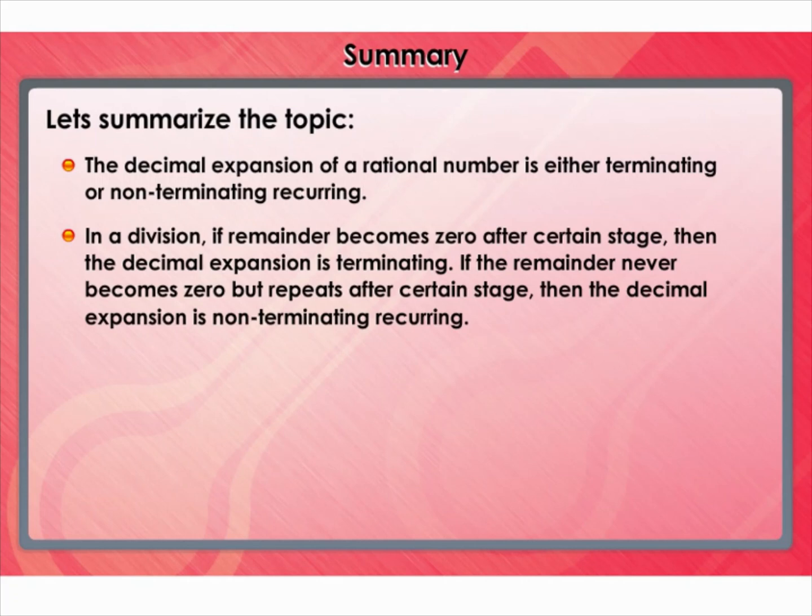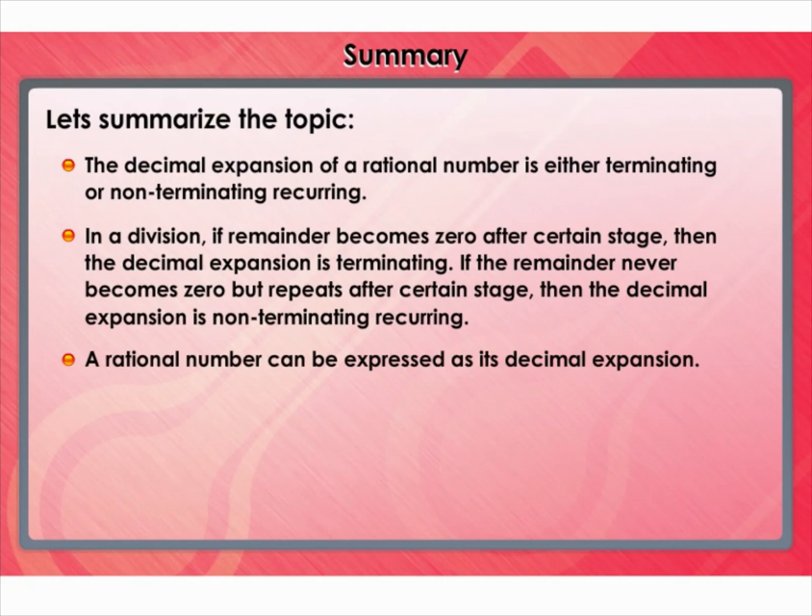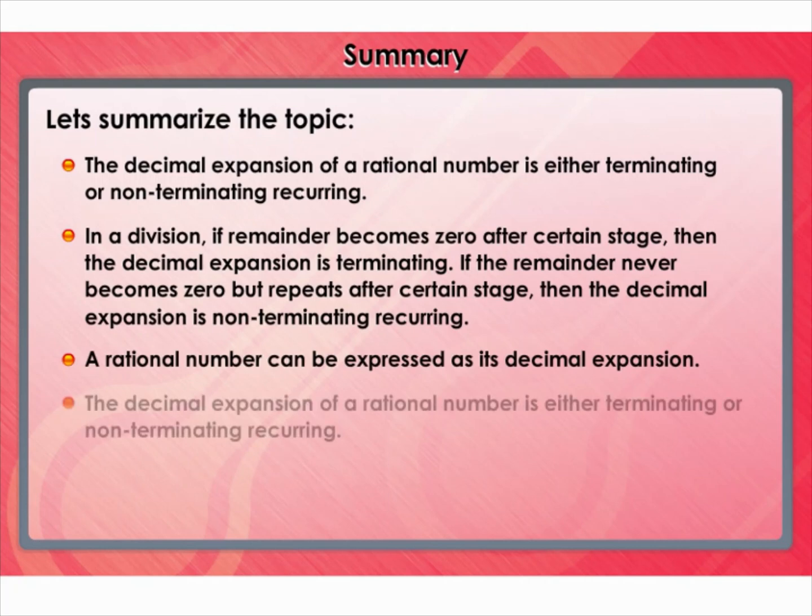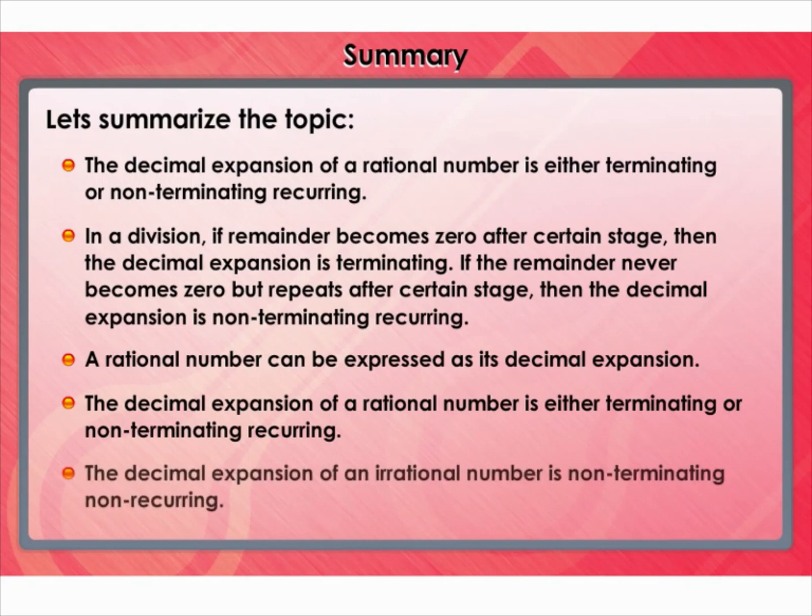If the remainder never becomes 0 but repeats after a certain stage, then the decimal expansion is non-terminating recurring. The decimal expansion of an irrational number is non-terminating non-recurring.